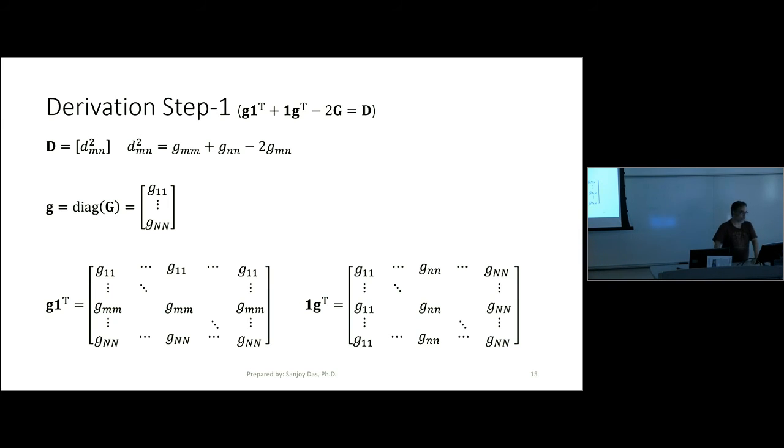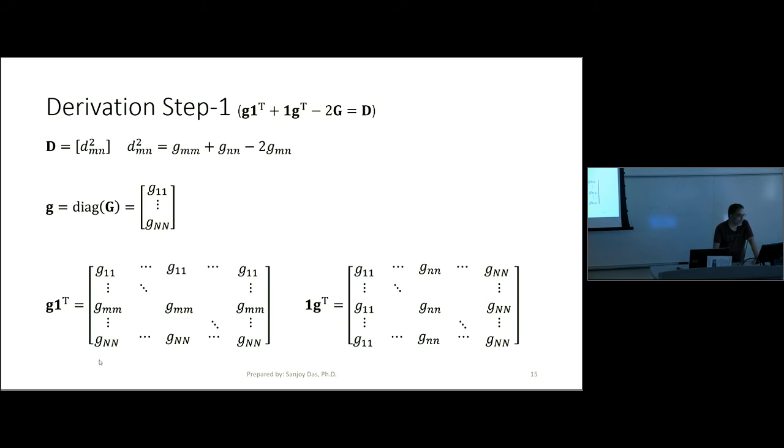Okay, and this lowercase g vector is a vector of all the diagonal elements. What is 1? 1 is a vector of all ones, correct? 1 transpose is a row vector of all ones. If I do G times 1 transpose, what will I get?